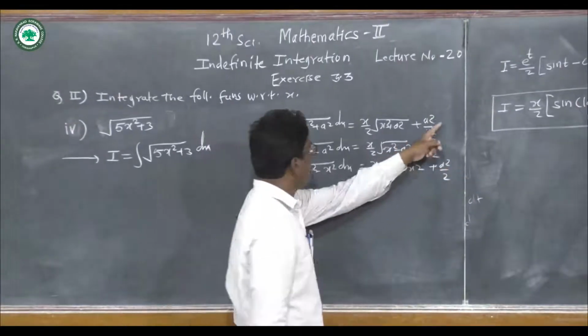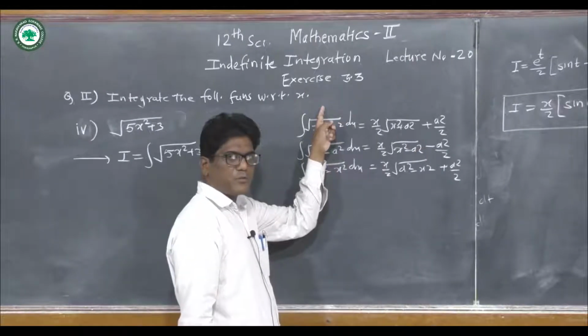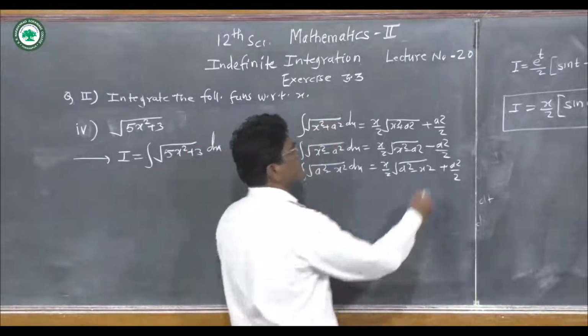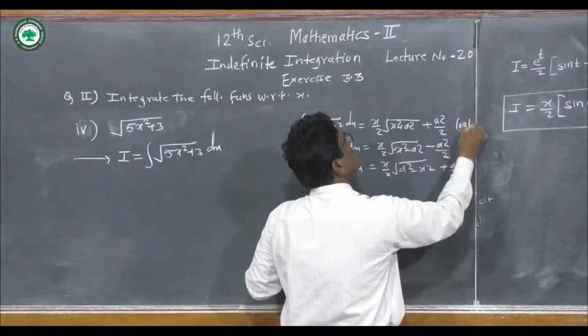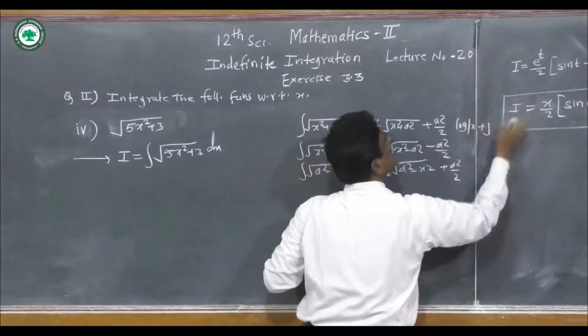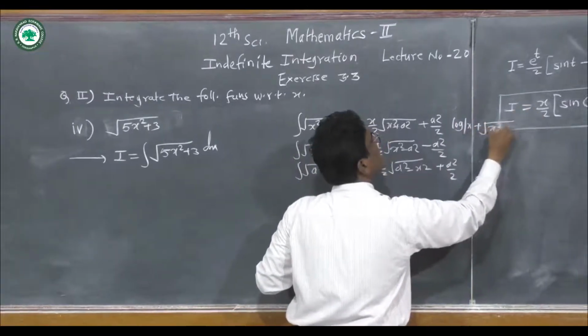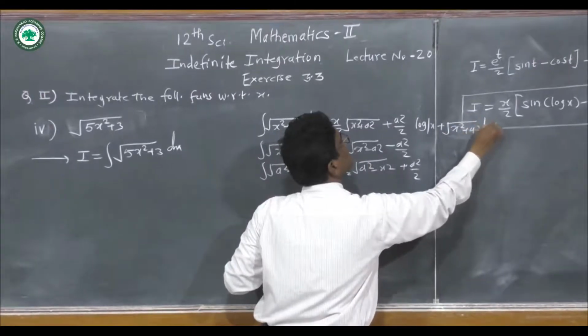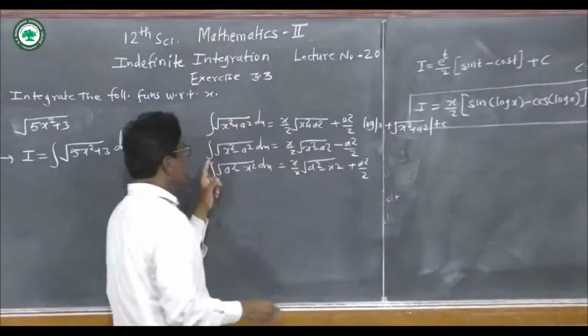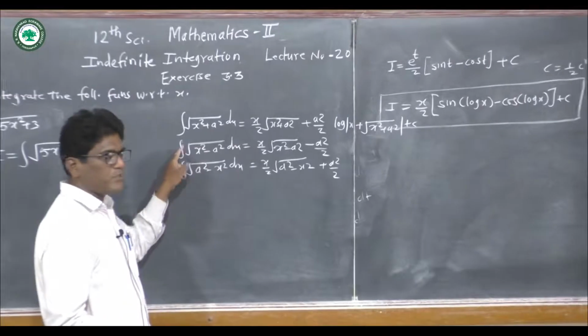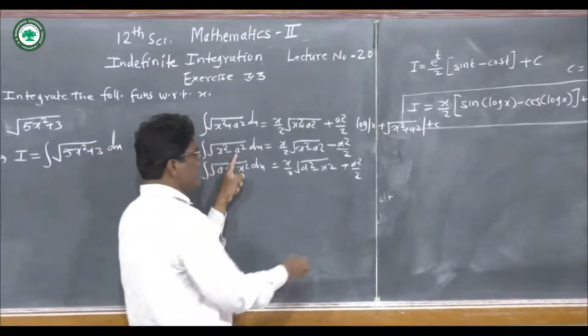and here write the formula of integration of 1 upon root of x square plus a square, that is log of x plus root of x square plus a square plus constant of integration. Here use the formula of integration of 1 upon under root of x square minus a square.